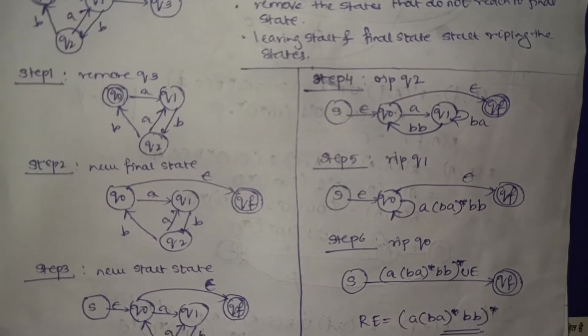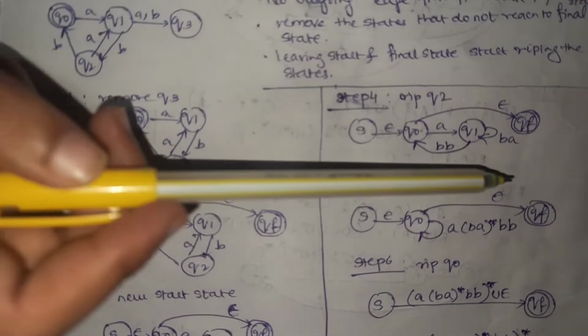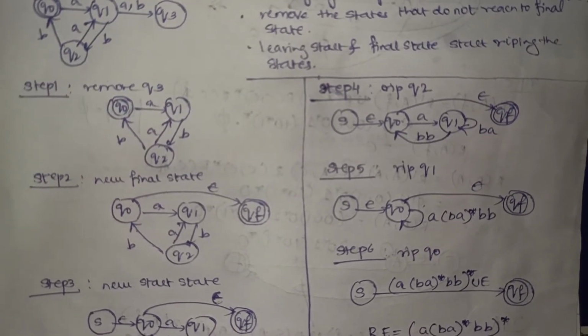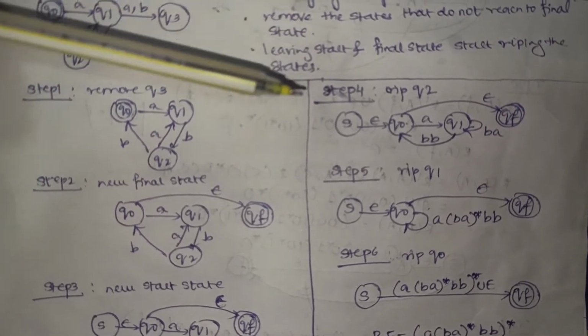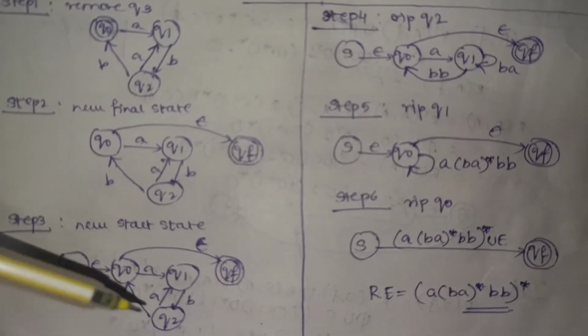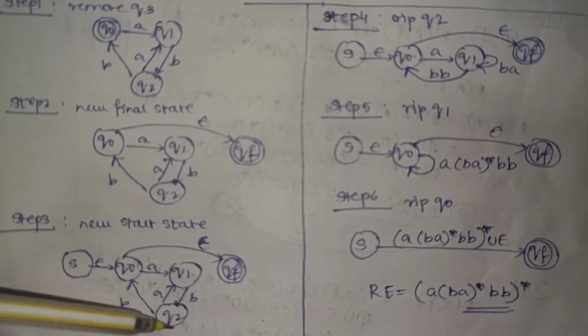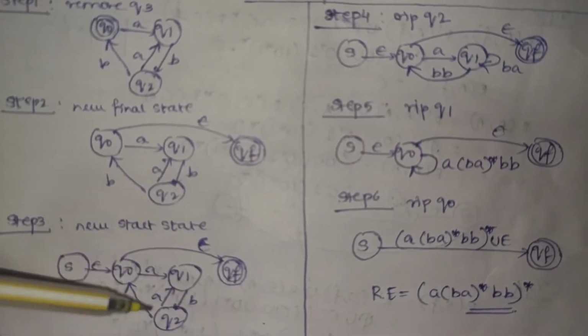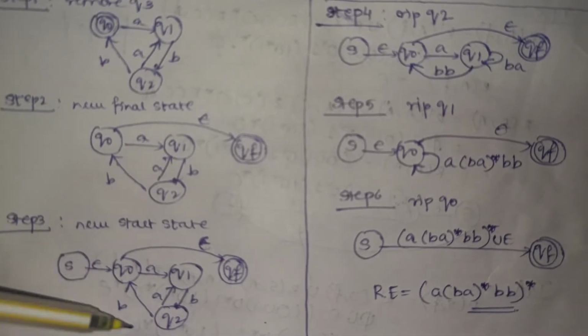You can rip any of the states as you wish, but go from right to left, from this side to this side, so it will be easier. Firstly we'll start ripping Q2. If you want to rip Q2, what happens? Firstly, you have to see what are the paths that come across this Q2.